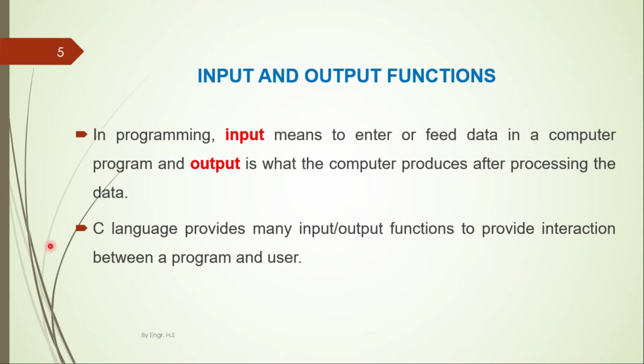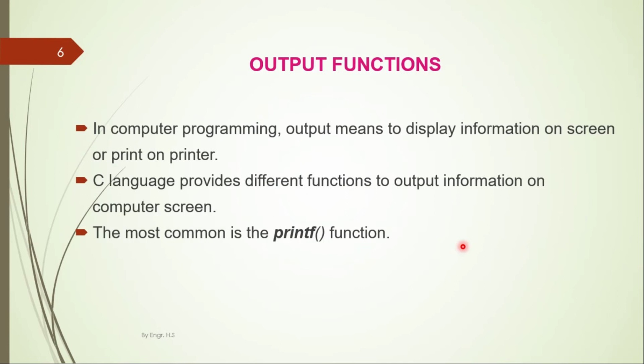C language provides many input and output functions to provide a very interactive layout or interaction between a programmer and a user. Now we will firstly discuss what output functions are. In computer programming, output means to display information on screen or print on printer.